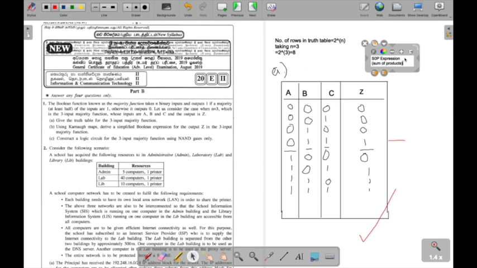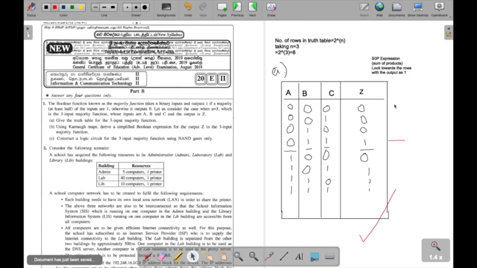So since you have the SOP expression, the sum of products, you should look towards the rows with the output as 1.